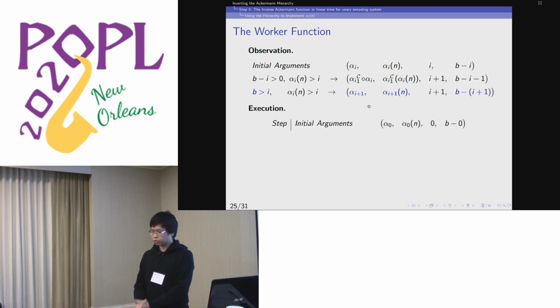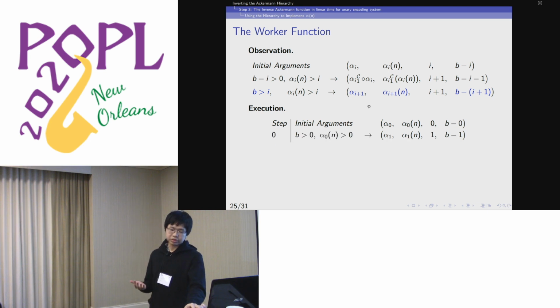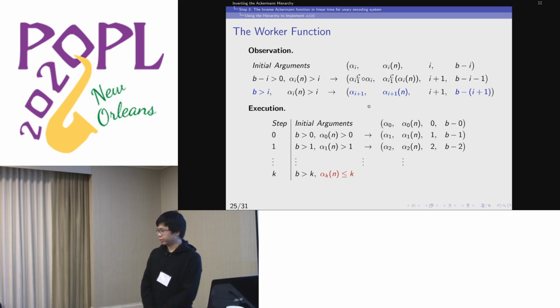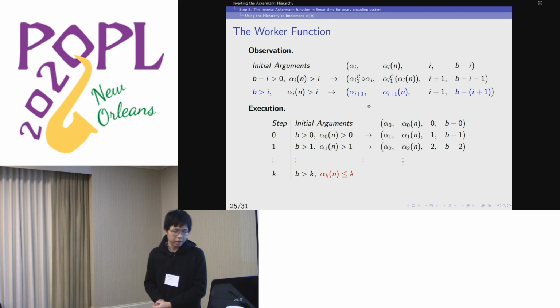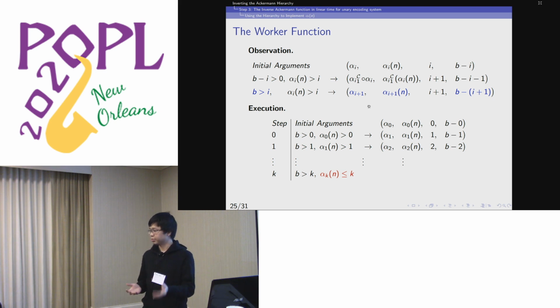So if we begin with alpha 0, in the next step we get alpha 1. And in the next step, we get alpha 2. And so on until we reach this point. Assuming that we have a big enough budget, we won't run out of it, so the first condition won't be violated before the second one. The second one being violated means that we have reached the correct value for alpha. And so at this point, we return k as the correct value for alpha.